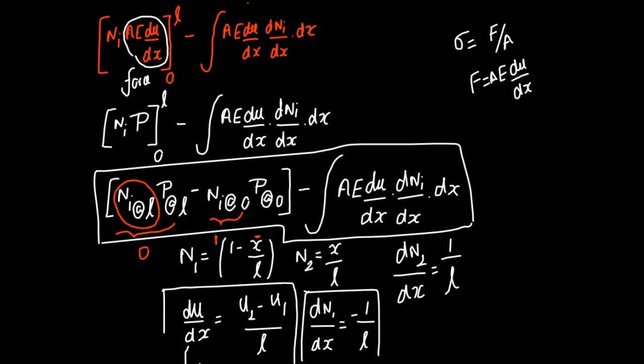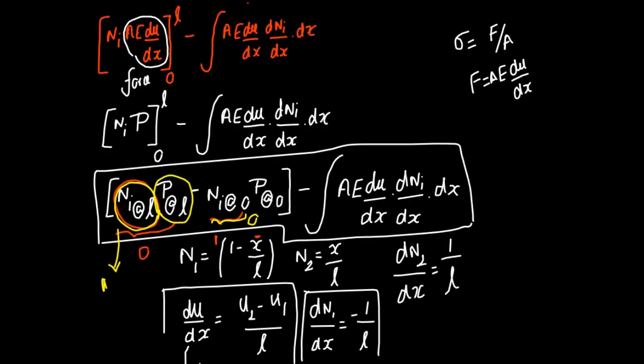This term, n2 at x is equal to L, becomes 1, so it simply becomes the load at x is equal to L. What about the shape function when you put x is equal to 0? n2 at x is equal to 0 becomes 0, so the entire term becomes 0. So that term simply becomes the load at x is equal to L.